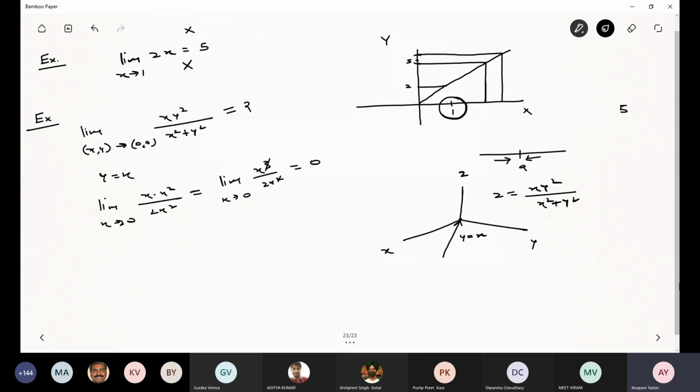Again, I'm repeating: if the limit exists and we know that this limit is some value L, it's unknown, we do not know, but right now I know that along y equals x its value is 0. Then what should be the value of L? You can write in the chat box.